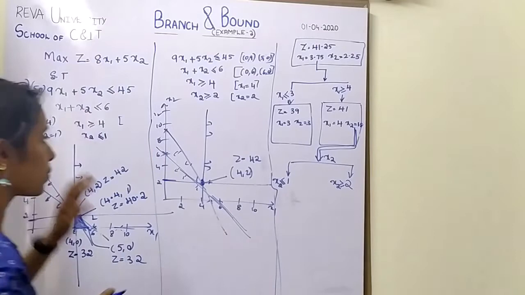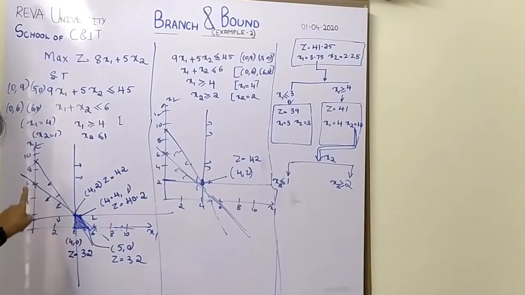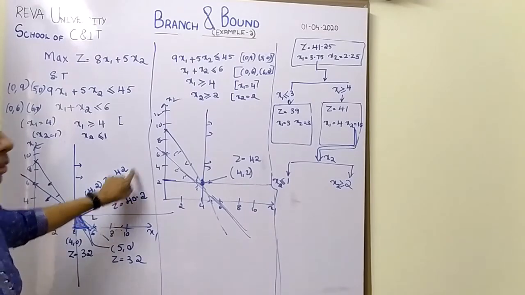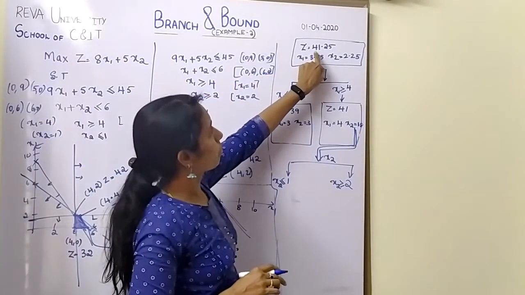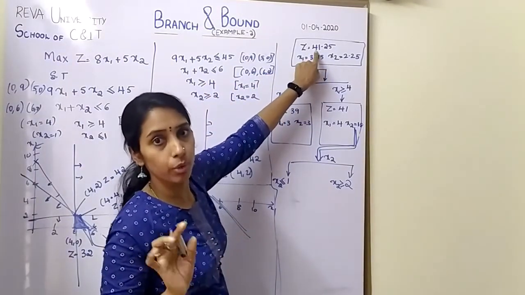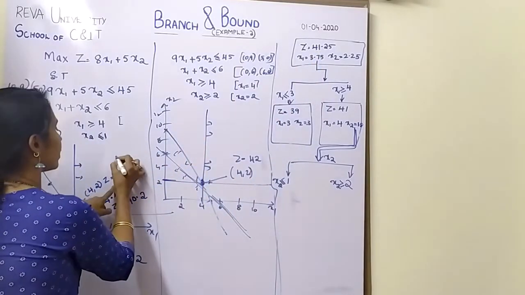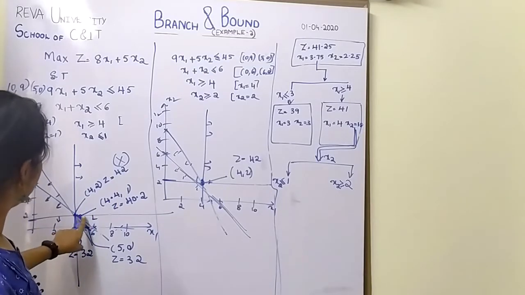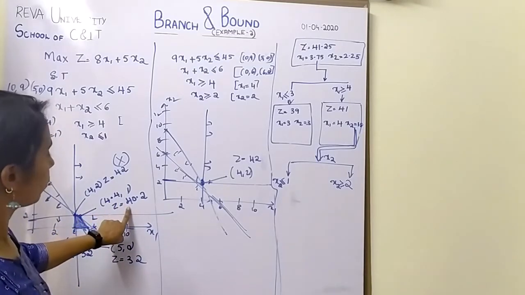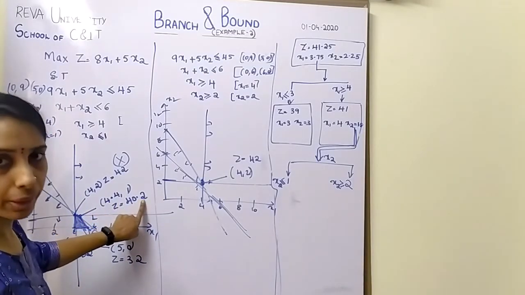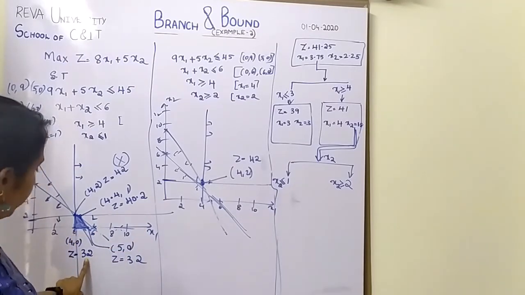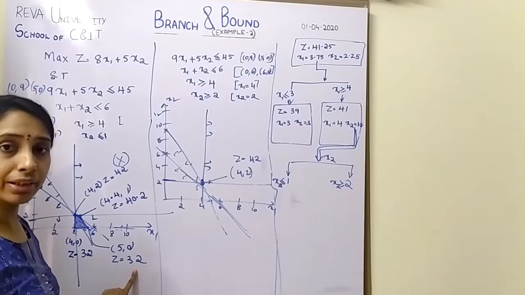Now we will see which one to consider. If I consider here 4, 2, value is 42. But initially what was the value of z here? 41.25. So we will consider this as an infeasible solution. Then for this point, you will get z equal to 40.2. If I consider this, you will get 32, and this, you will get 32.